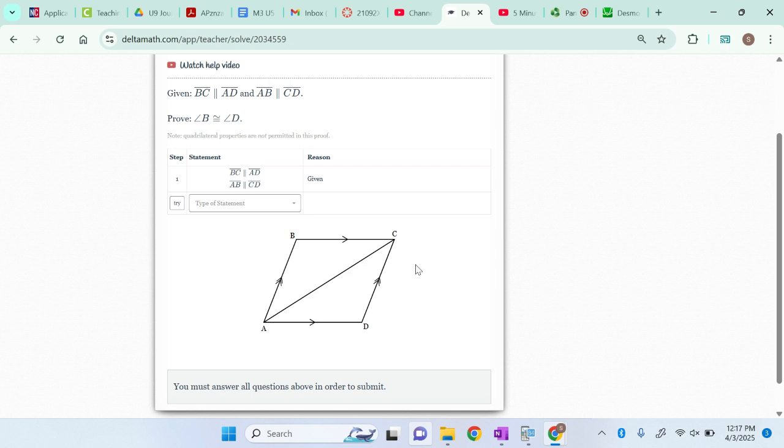All right. What's one way that we can prove that the triangles are congruent? AC is congruent to itself by the reflexive property. So that's the first thing. We're going to say that AC is congruent to itself by the reflexive.